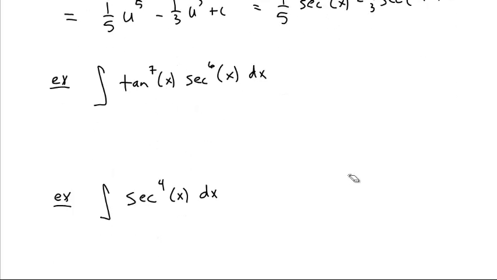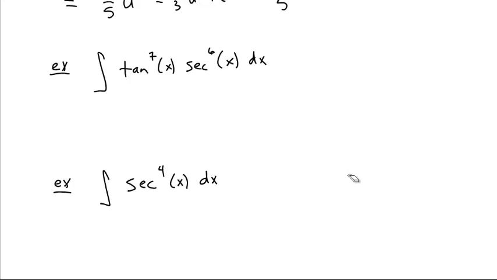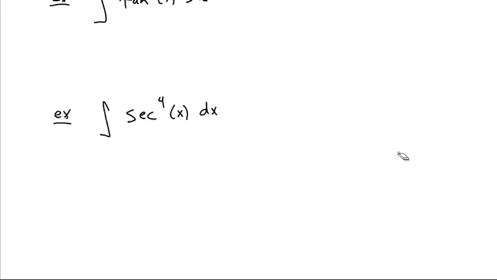Or even something as simple as secant to the 4th. Secant to the 4th, what do? Turn 2 of the secants into tangents, and then set u equal to tangent. I'll sketch that real quick.